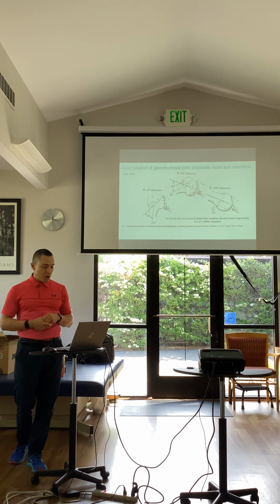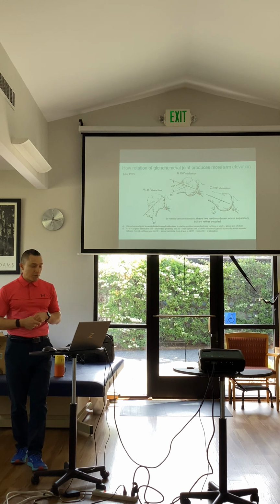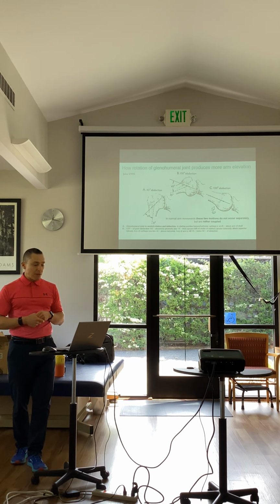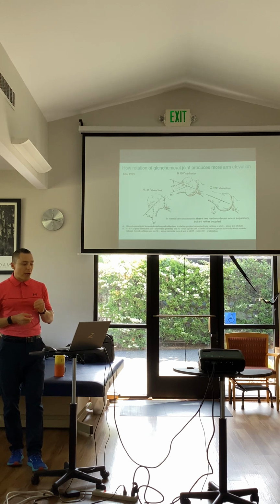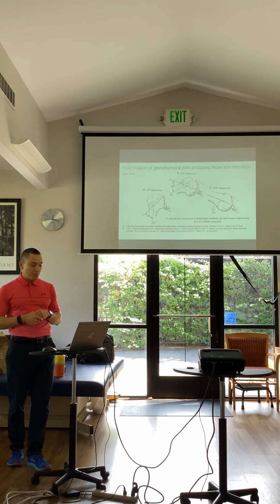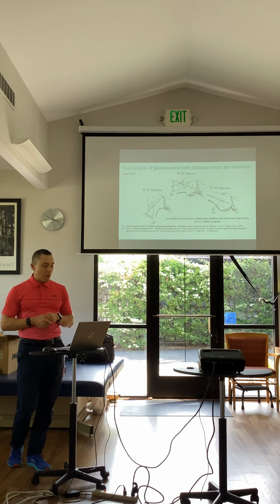That is what A is showing. And then as you start to elevate, greater than 75 degrees of pure abduction, 65 is allowed by the glenoid versus 10 from the upward rotation of the scapula if all things are going well. And then the greater tuberosity would otherwise abut on the superior labrum if there was no rotation.